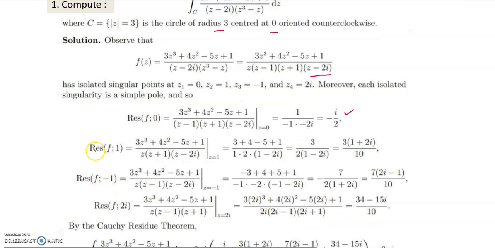Now, similarly, you find the residue of the function at 1. At 1 we use z minus 1. Here z minus 1 is already there in the function, so it cancels. Then the remaining value is this. After that, you simplify, then substitute the limit z equal to 1. Then you will get this value. Similarly, you can find the residue of the function at minus 1 and the residue of the function at 2i.